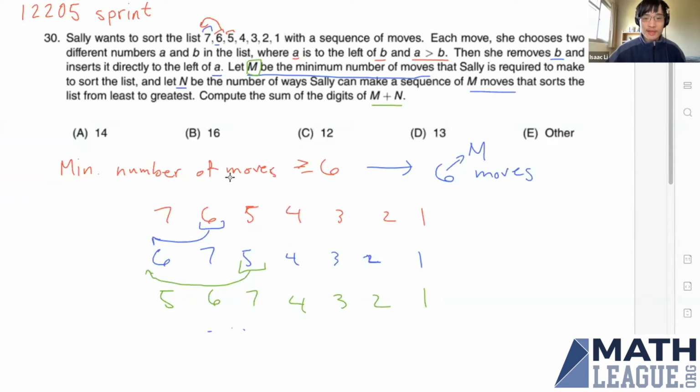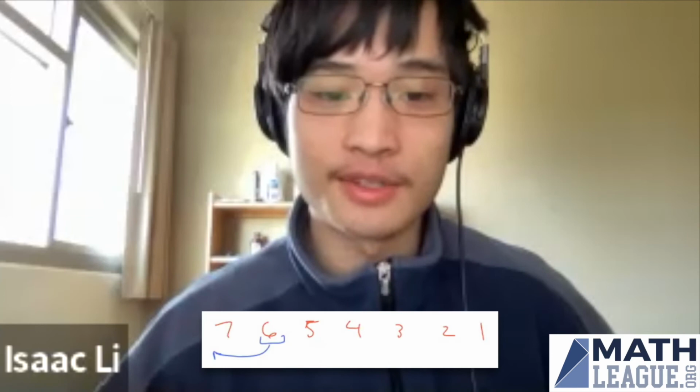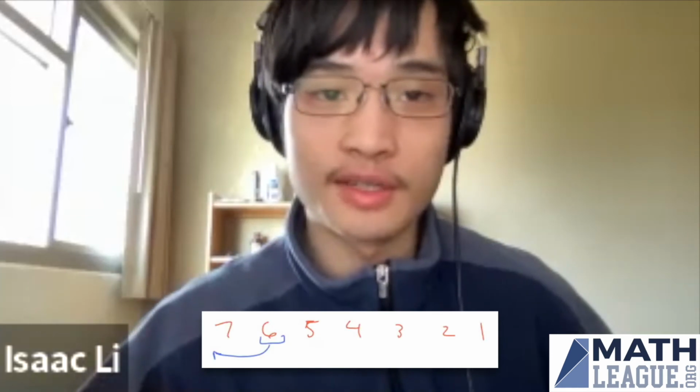Okay, how many ways can Sally make a sequence of M moves so that the list is sorted? So there might be multiple ways to sort this list in 6 moves. Well, here comes the other observation. Note that when we start out, we could just move any of these numbers to the left if we wanted to.